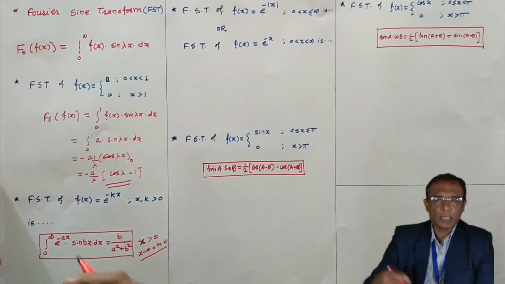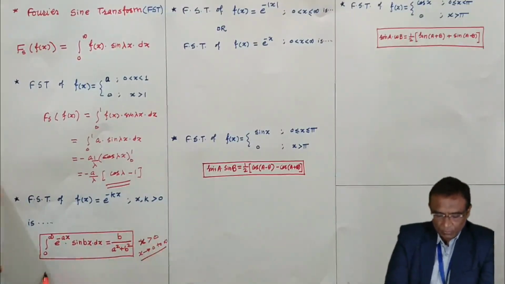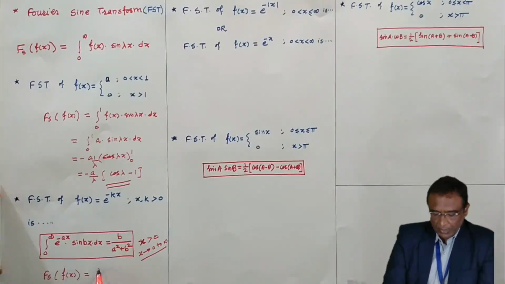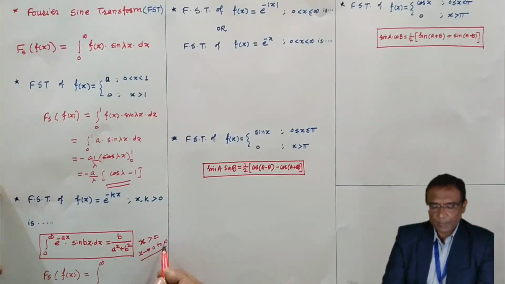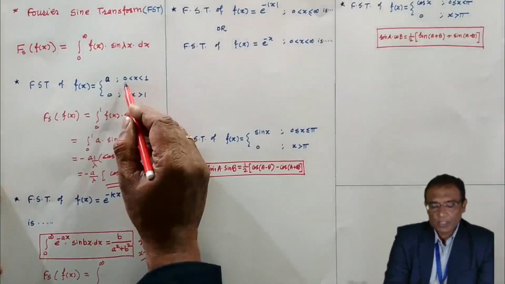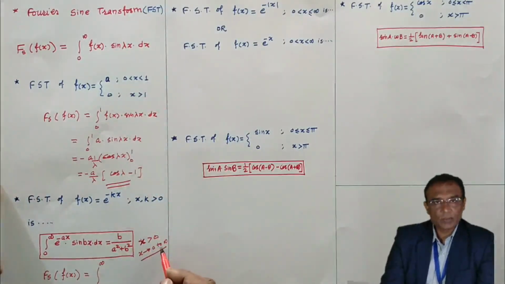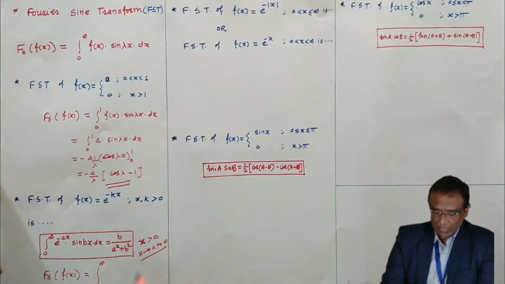It starts from 0 and extends up to infinity. For the Fourier sine transform of f(x) I am writing the integral from 0 to infinity, because x is defined from 0 to infinity. Here x was in between 0 and 1, but here x is greater than 0 and extends up to infinity.